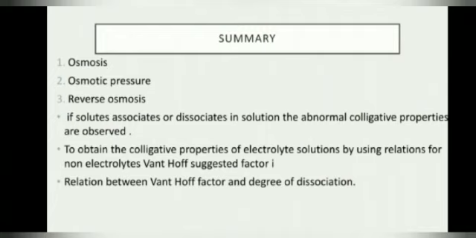To obtain the colligative properties of electrolyte solution by using the relation for non-electrolytes, Van't Hoff has suggested the factor that is known as Van't Hoff factor. By adding this Van't Hoff factor i, we can modify the equation and use it for the electrolyte solution.